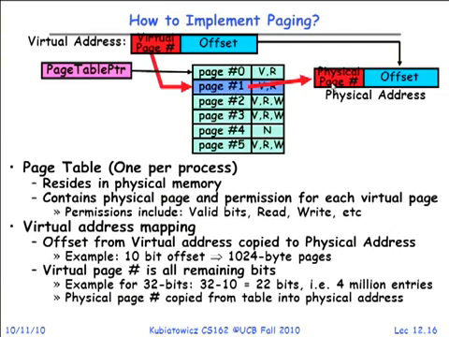Now, if this is 4K pages, how many virtual page numbers are there? Suppose a 32-bit address space. Good question. 4K pages means the offset is how many bits? 12. 32 minus 12 is 20. 2 to the 20th is?